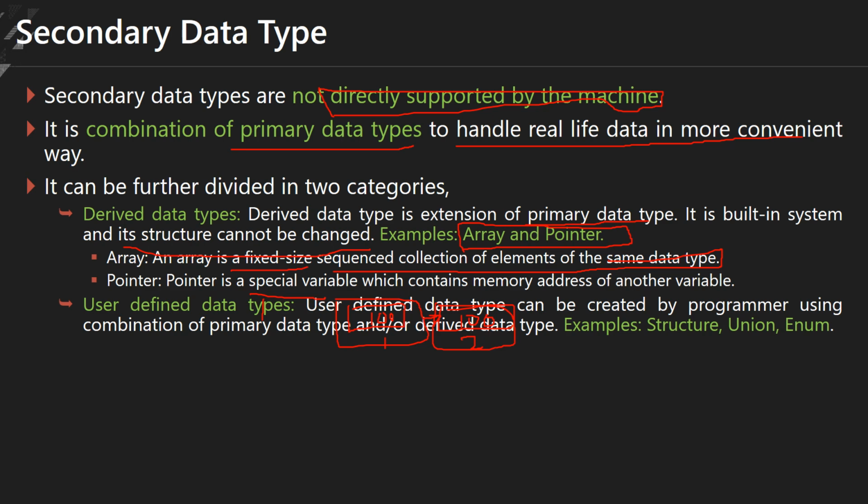There is another category called user defined data types. User defined data types are created by the programmer, not by the machine. To create them, you use primary data types or derived data types. They are structure, union and enum, which you already saw in the previous slide.